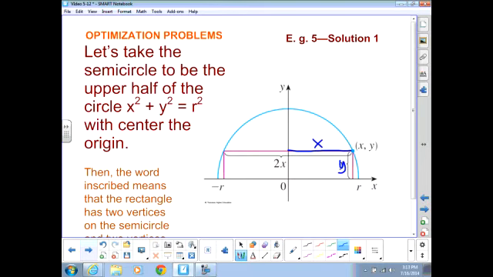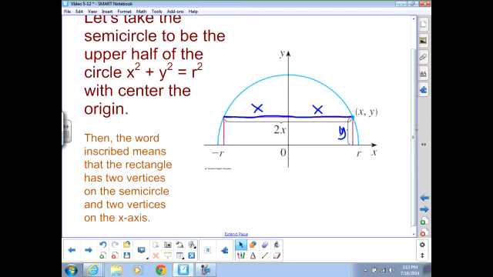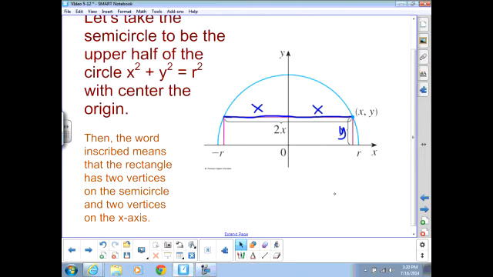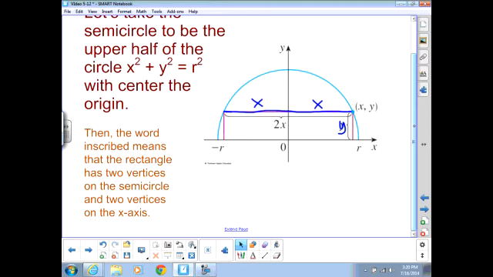Now, this side here is that same amount, x. So in reality, the whole length there of the rectangle is just 2x. So the two equations we'll work with, we've got our equation of the semicircle, x squared plus y squared equals r squared, and then we'll set up an equation for the area of the rectangle.